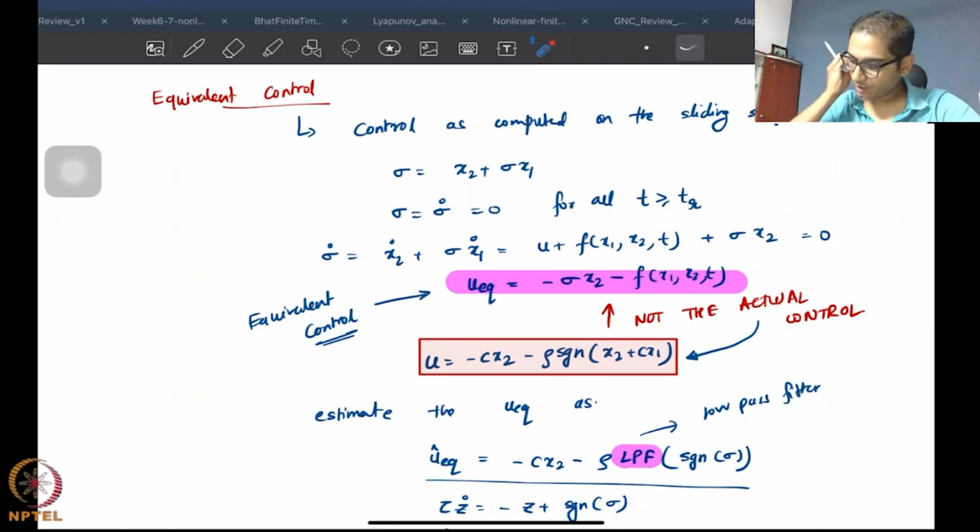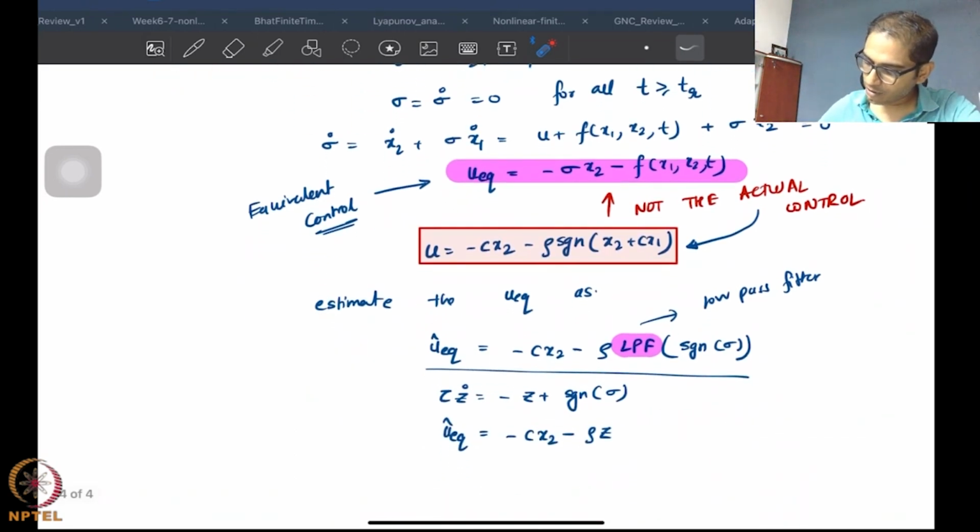So this is a very important and interesting idea, because this equivalent control is obviously not an implementable control, and this is the actual control. But the fact is, the actual control in a time average sense must go to the equivalent control, otherwise there's no way that the system would remain on the sliding surface, right?